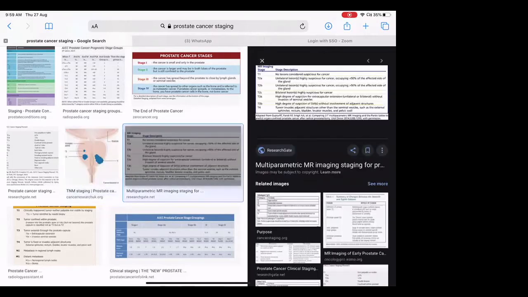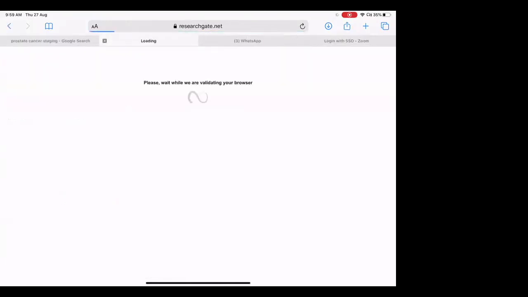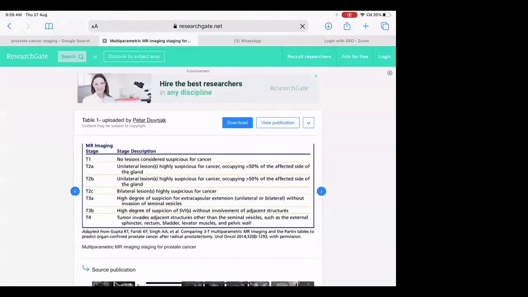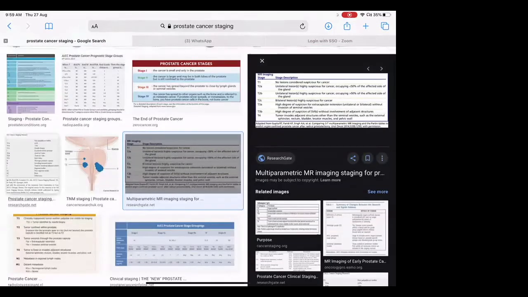For example, in this picture, you can see they all have T. T tells you about the tumor size. The smaller the number, the smaller the cancer. And this is the same for all cancers that you will see.